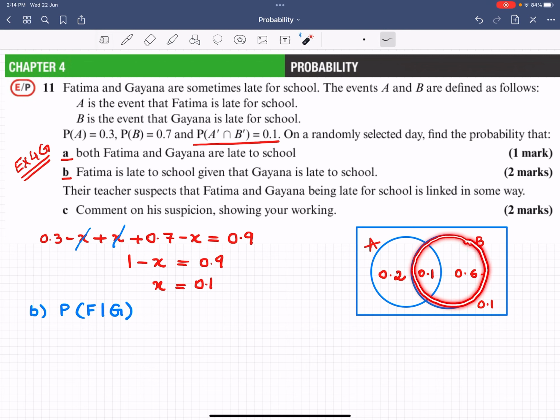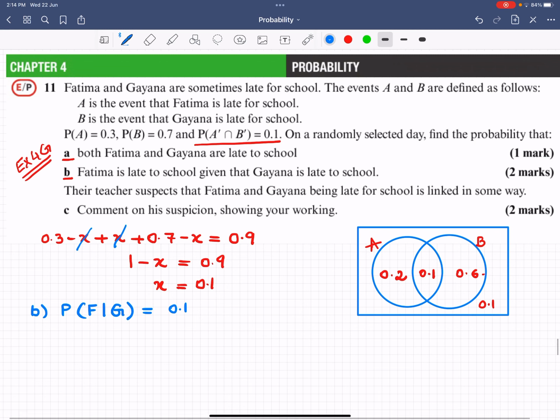So this is our total domain. From here, probability of Fatima being late is 0.1 over the total probability, which is 0.7. So answer for Fatima being late to school given that Gayana is late is 0.1 divided by 0.7, which is 1 by 7. And that answers for part B.